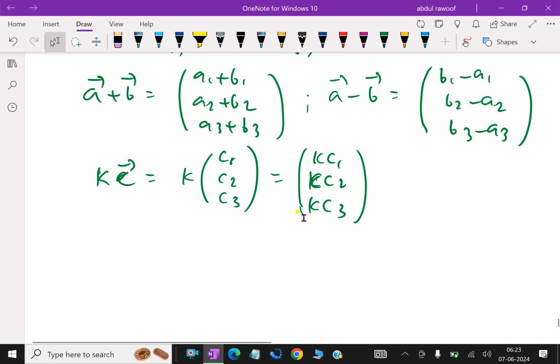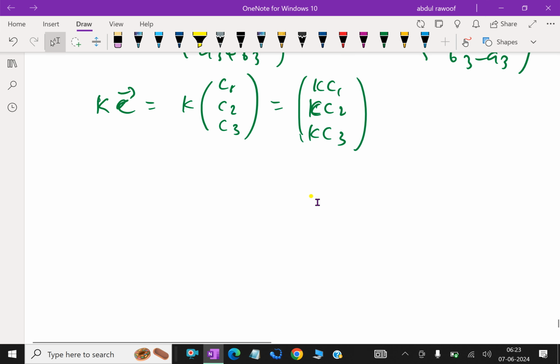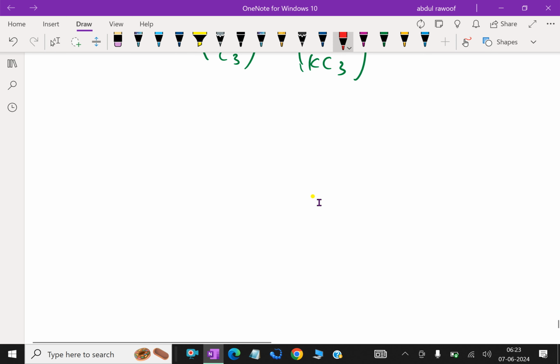Now, addition is commutative. Vector A plus vector B is equal to vector B plus vector A. Addition is commutative. Then associative is also possible.